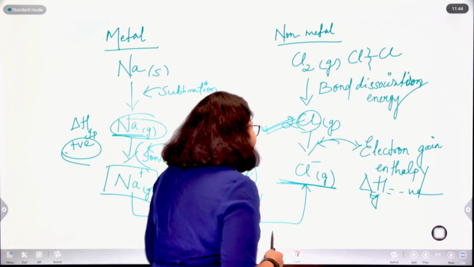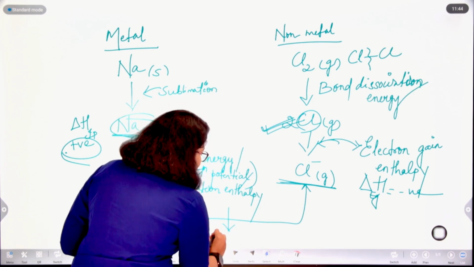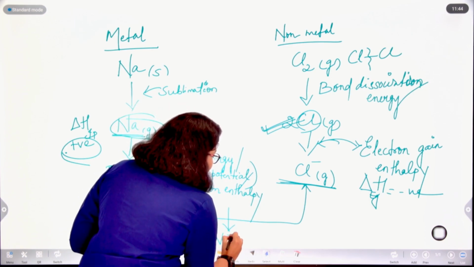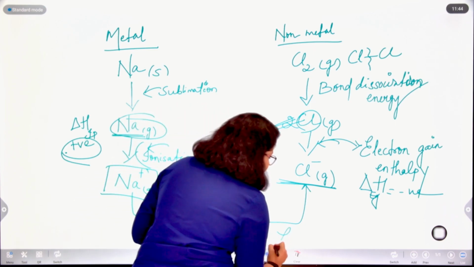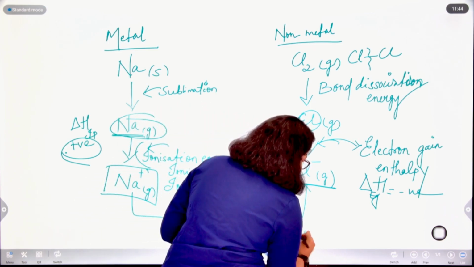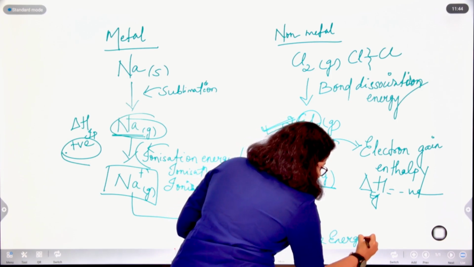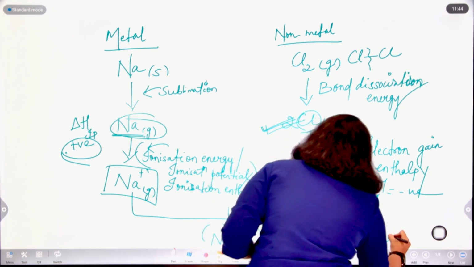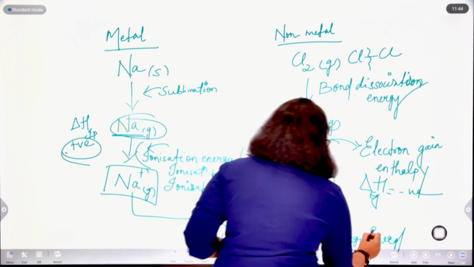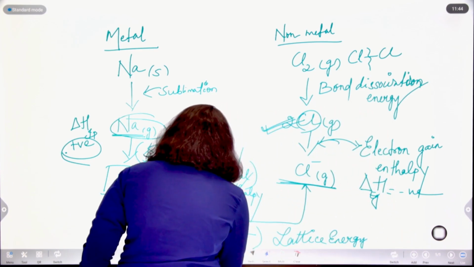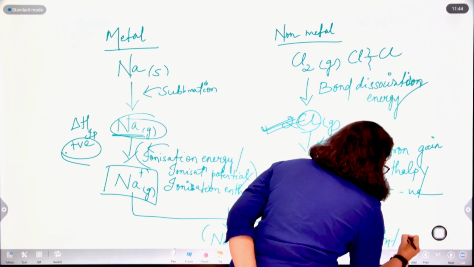The amount of energy that is released when sodium and chloride ions form a lattice is called lattice energy, or again, energy is otherwise called enthalpy.